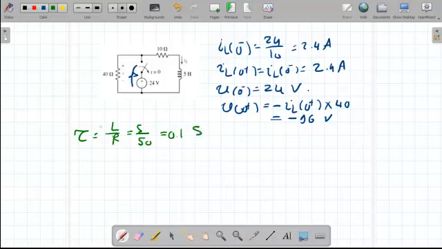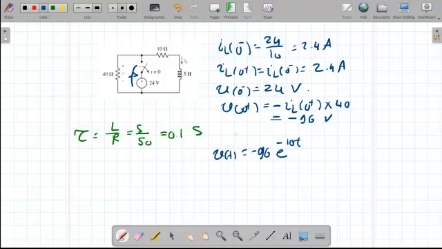Now we can write our final expression for V of t. So V of t will equal minus 96 e to the minus 10t, where our time constant is 0.1. Remember that we use the V(0 plus) value, not the 0 minus.